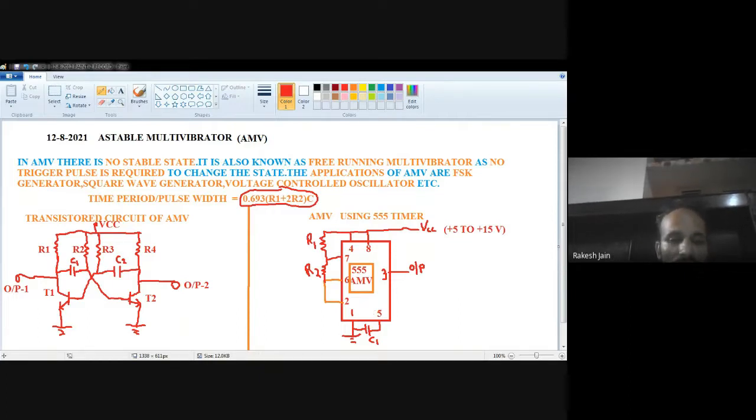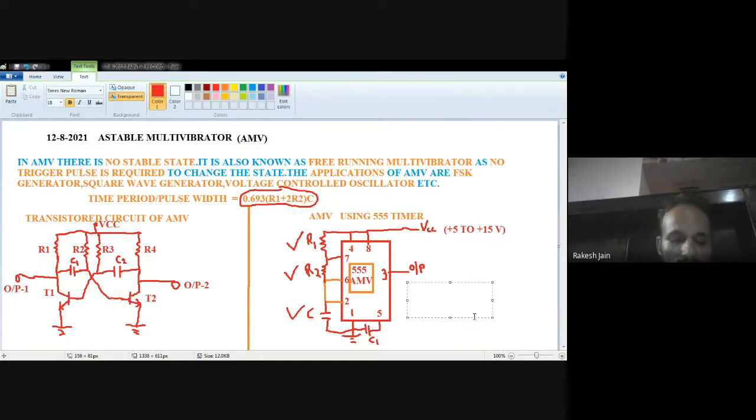And in between ground and this shorted terminal, a capacitor is connected whose value is C. Now the complete time period and frequency of operation is controlled by this R1, R2, and C. We will see later when we do the complete explanation of the astable multivibrator, but I just write it down because it is an important term.